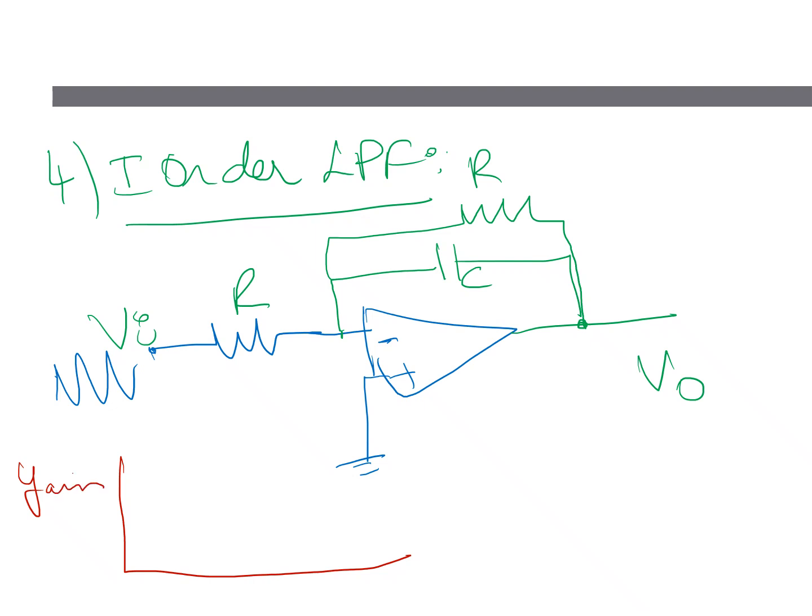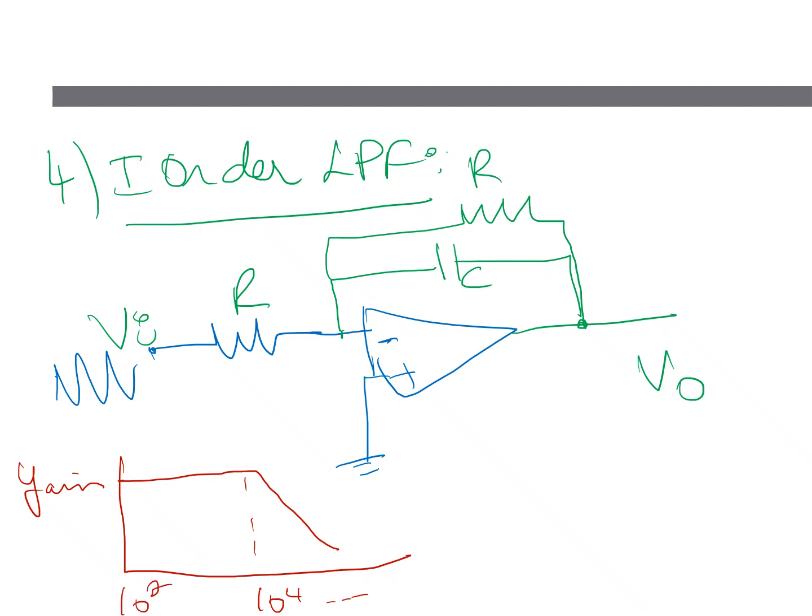When the input signal is fed in such a way, the lower frequencies alone are allowed and the output is obtained. So this is the gain which is obtained, and around 10 power 4 the value reduces.